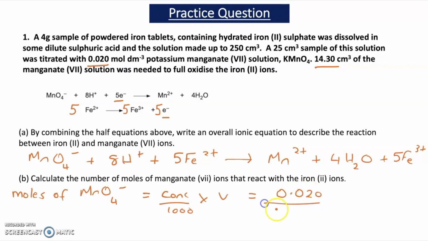So if we do 0.020 divided by 1000 times 14.30, we get the moles of MnO4⁻ and that will be equal to 2.86 times 10 to the minus 4.